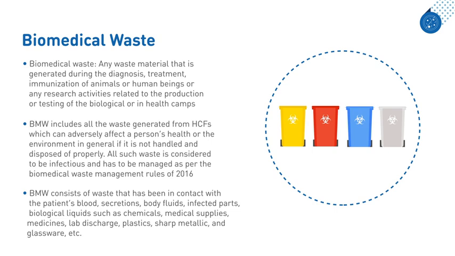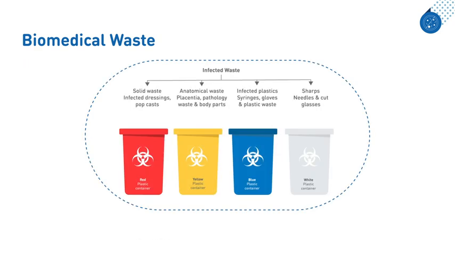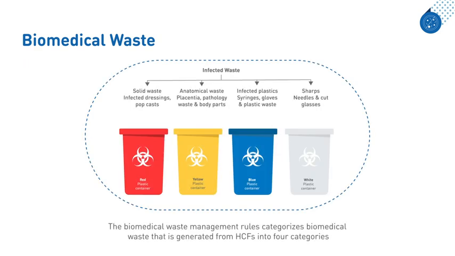BMW consists of waste that has been in contact with the patient's blood, secretions, body fluids, infected parts, biological liquids such as chemicals, medical supplies, medicines, lab discharge, plastics, sharp metallic and glassware, etc. The Biomedical Waste Management Rules categorizes biomedical waste that is generated from HCFs into 4 categories.